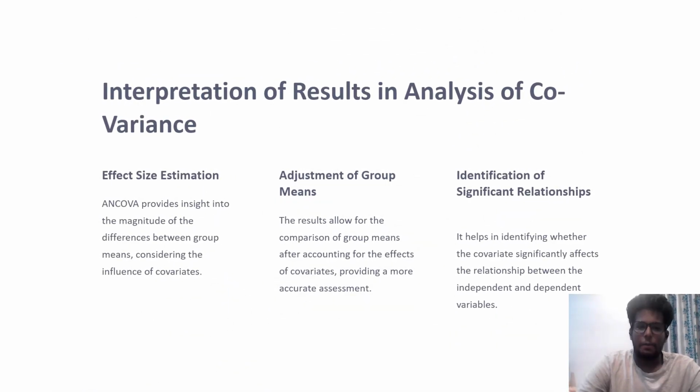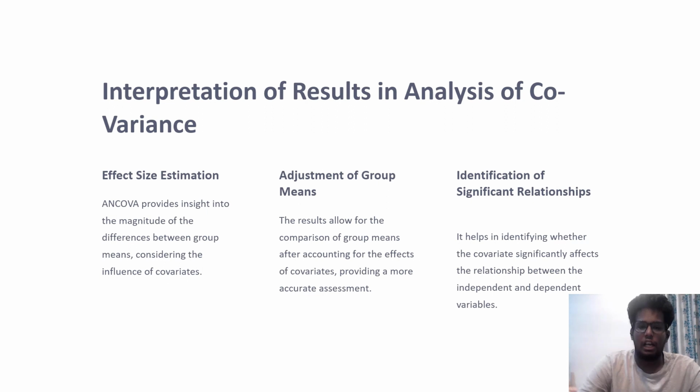Now we'll see the interpretation of results in analysis of covariance. First is the effect size estimation. ANCOVA provides insights into the magnitude of difference between group means while considering the influence of the covariates. Second is adjusting of the group means.